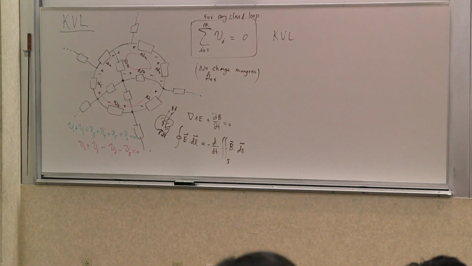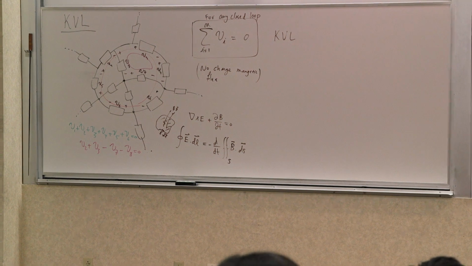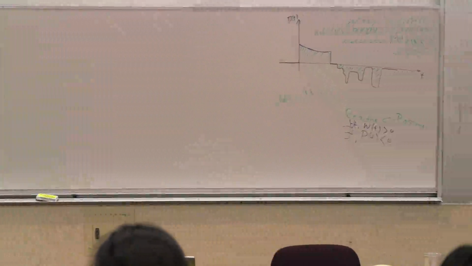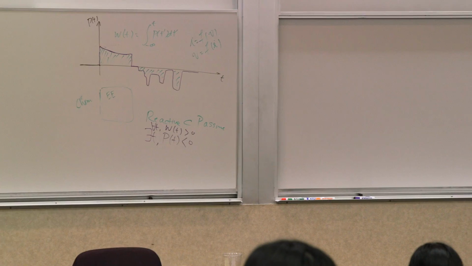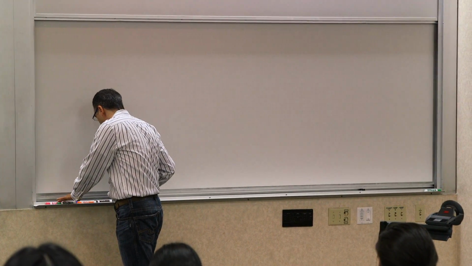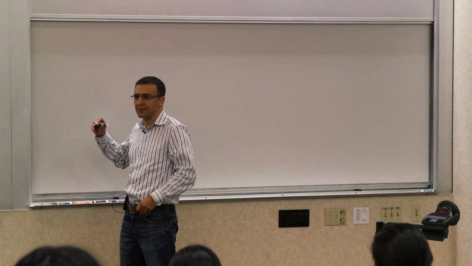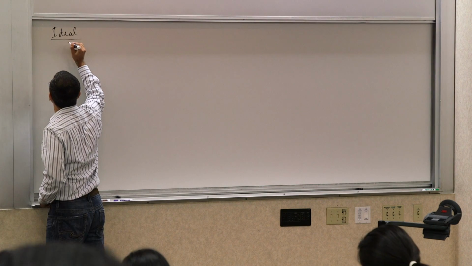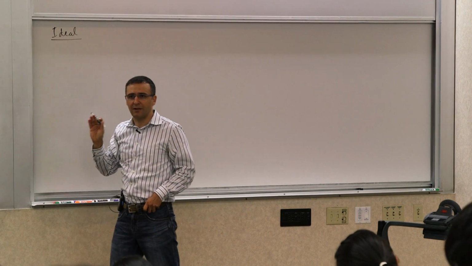Now, let's go back to continue our discussion on the sources. We talked briefly about the sources, but let's talk about these ideal sources. So the question is, how do you model them? And what do you say about them? Again, we are still in the realm of definitions and the basics and the fundamentals to make sure everyone is on the same page.